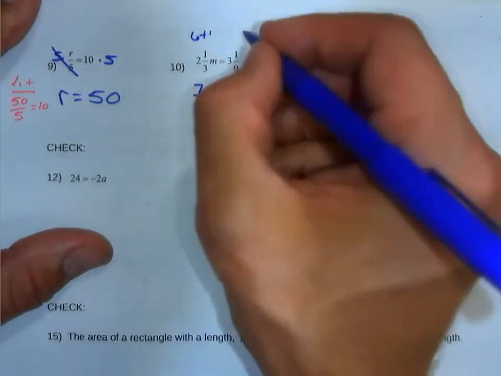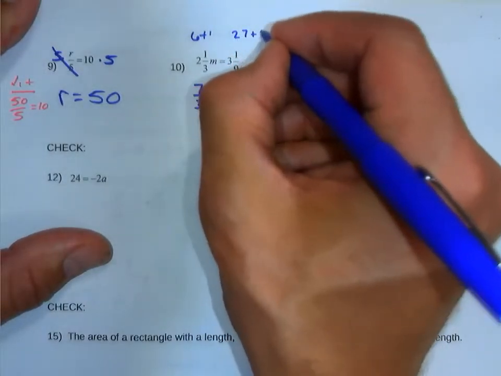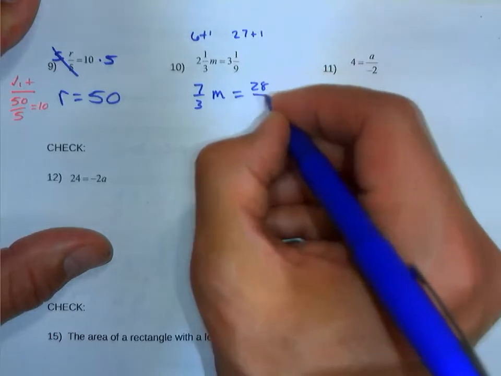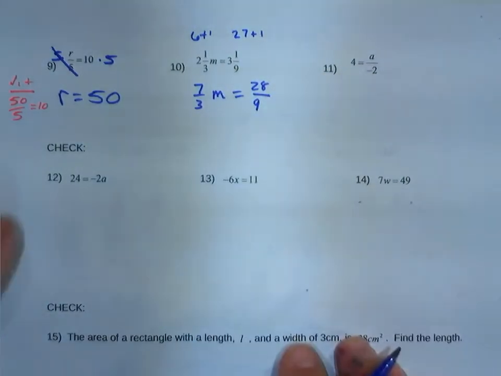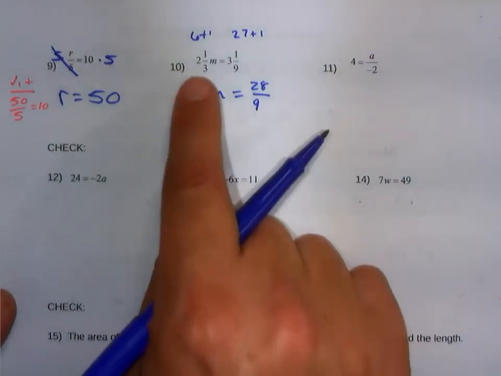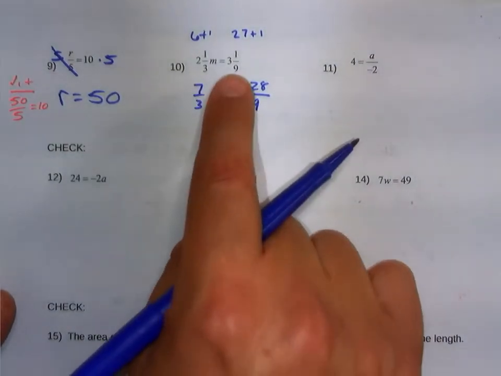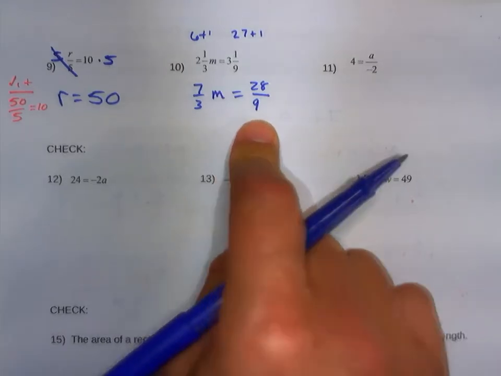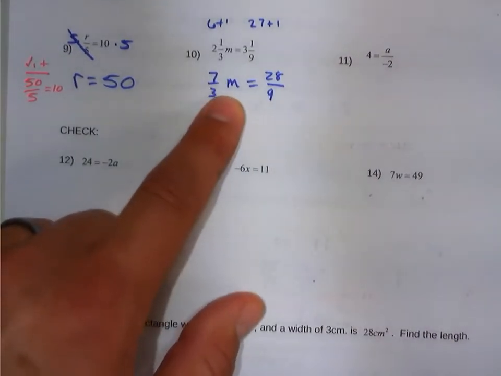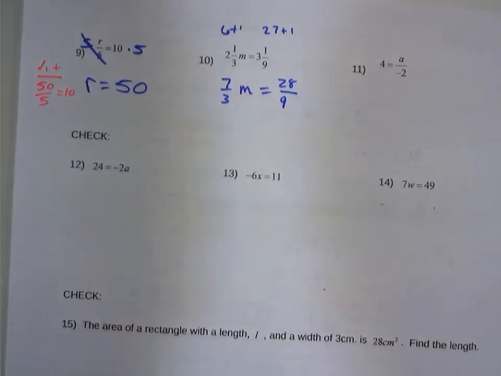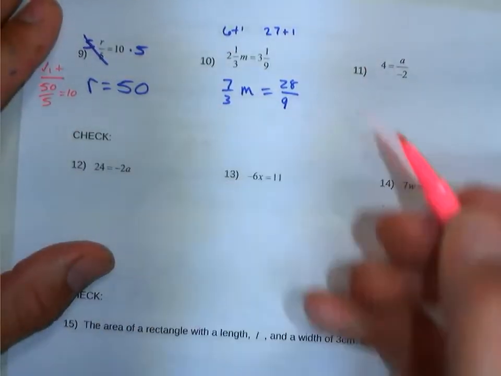I'm going to take 9 times 3 is 27. I'm going to add 1, that's 28. Okay, and that's over 9. So all I've done so far is I just converted 2 1/3 to 7/3, and I converted 3 1/9 to 28/9. Okay? Well, this is 7/3 times n, and I could divide over by 7/3.